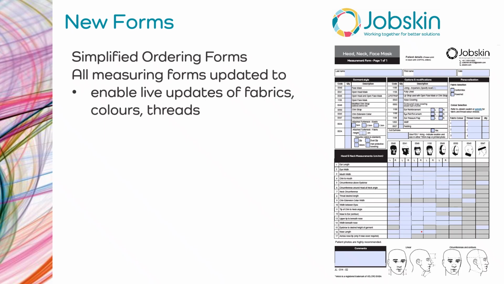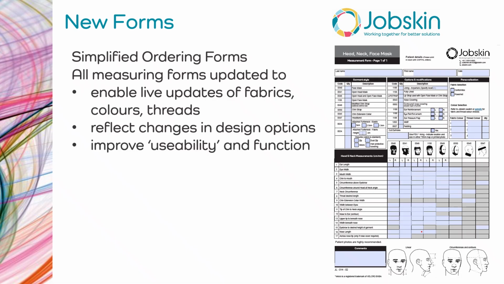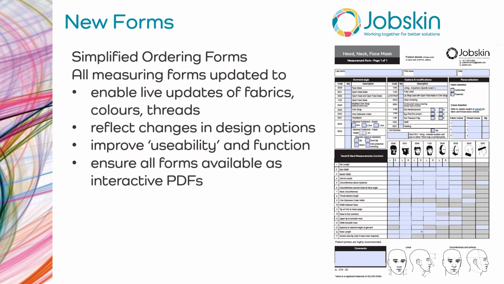It enables us to provide live updates of fabric colours and thread colours, what's available. It reflects changes that we've made in design options over the last few years. We've really tried to improve the usability and the function of the forms. They're all available as interactive PDFs.